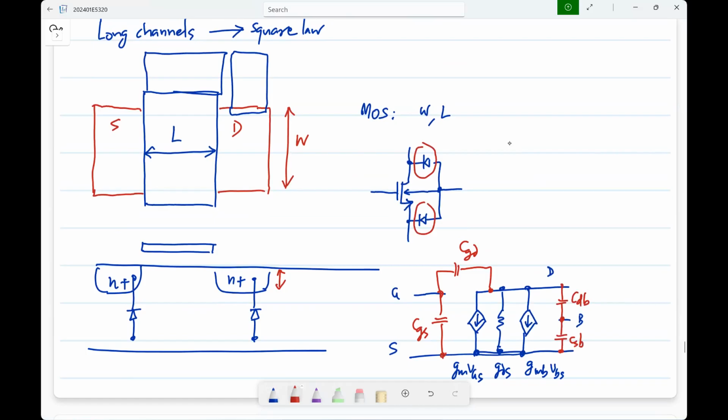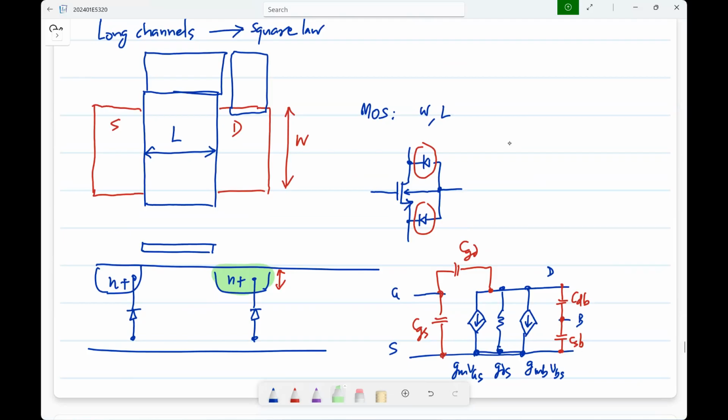Okay, so these will also be there. All these will have to be known, and to calculate this CDB and CSB, you will need to know something about this junction, right?